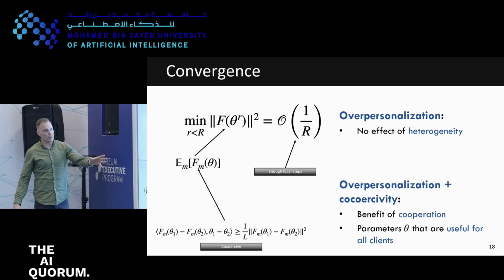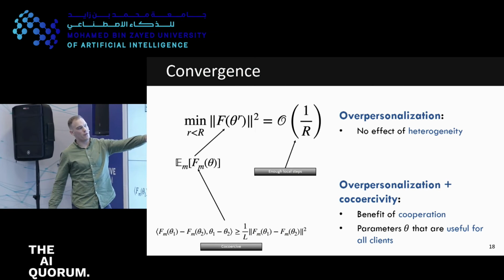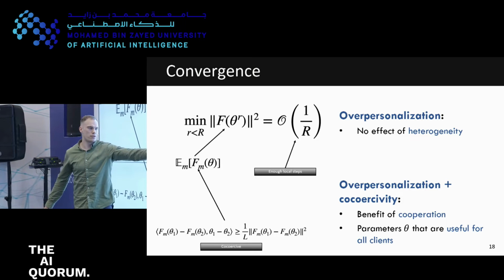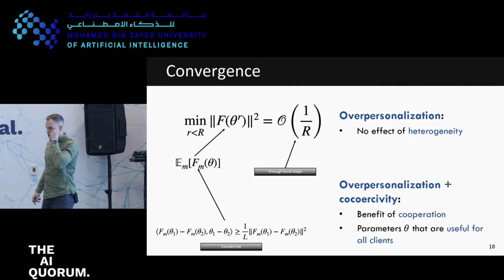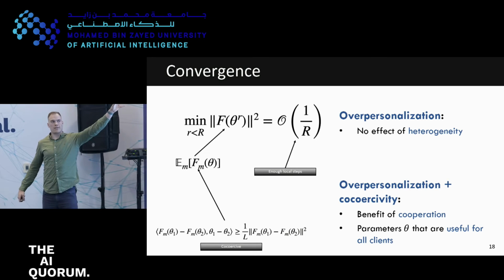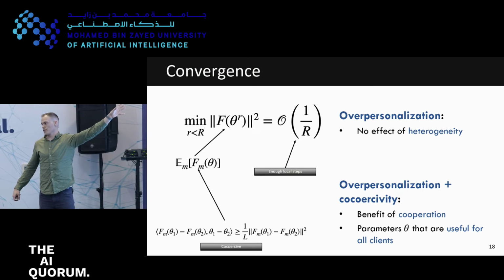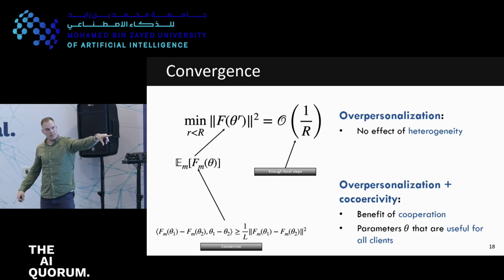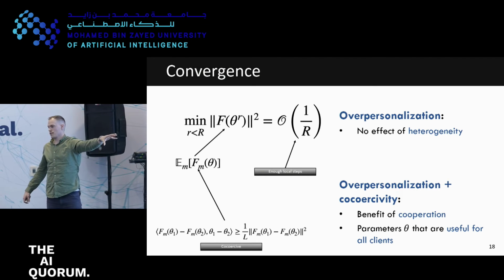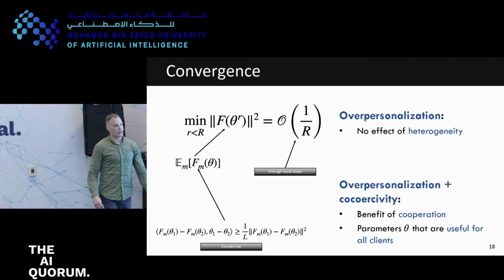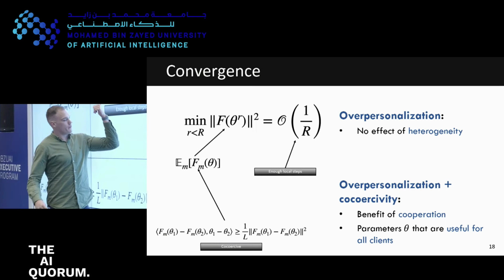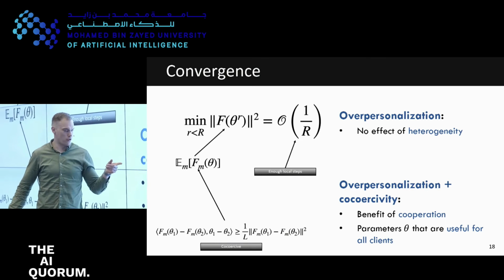Plus, we can also show that once we have over-parameterization plus co-coercivity, you can actually see the benefit of cooperation. Firstly, the conditions that we solve are only first-order stationary conditions of the original problem, but we can show that if over-personalization and co-coercivity hold, then you actually solve the original problem.